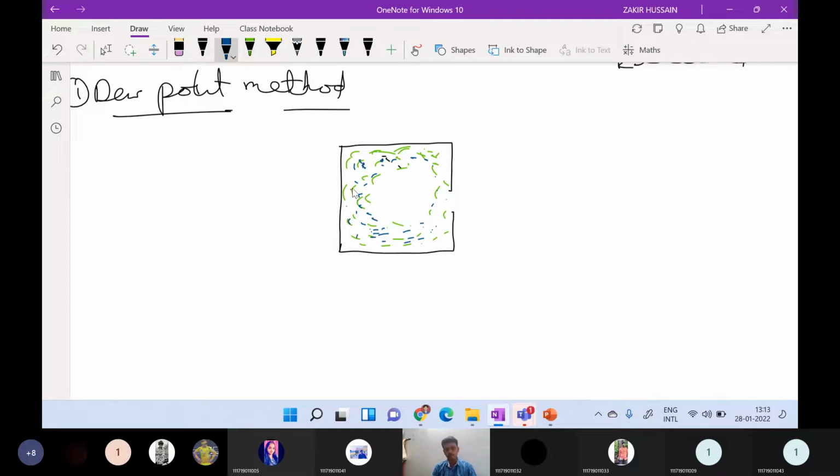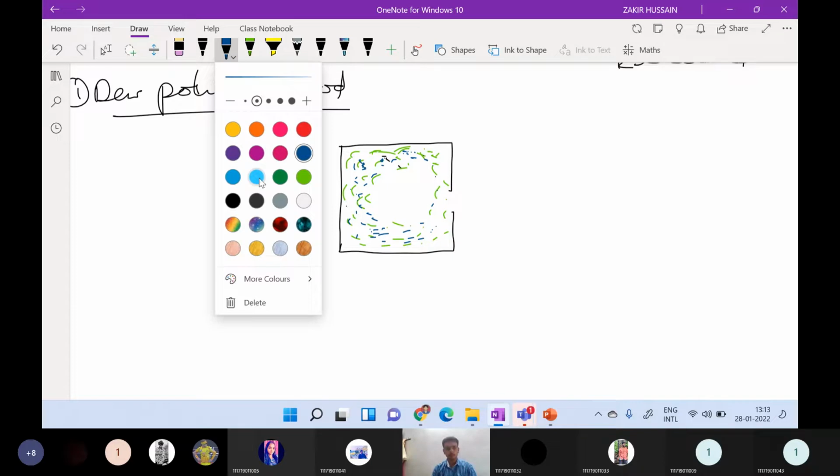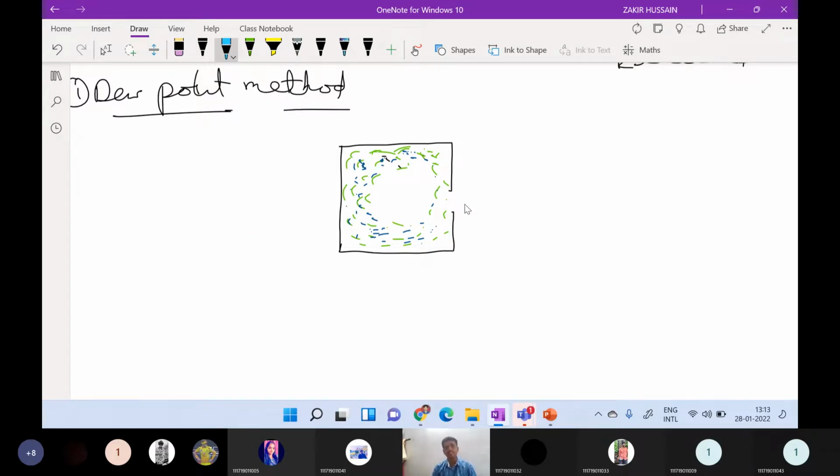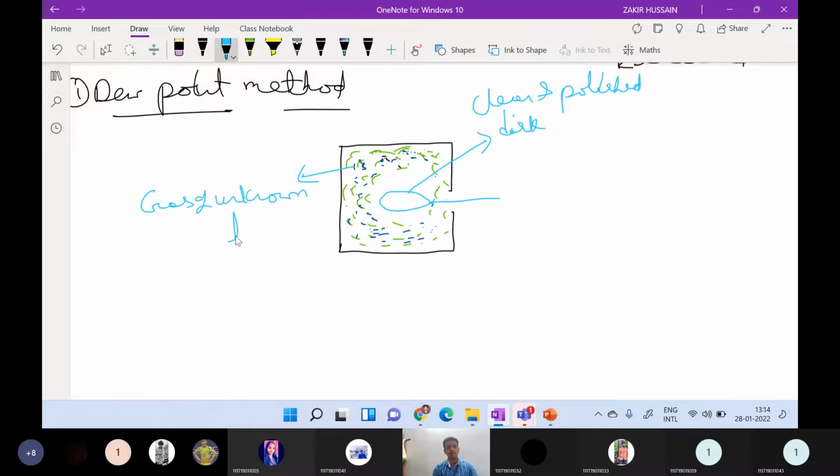If you want to measure the moisture content of this quantity of air, what we have to do is insert a cleaned and polished disc into this particular moisture-laden air. The gas has unknown moisture, unknown humidity.